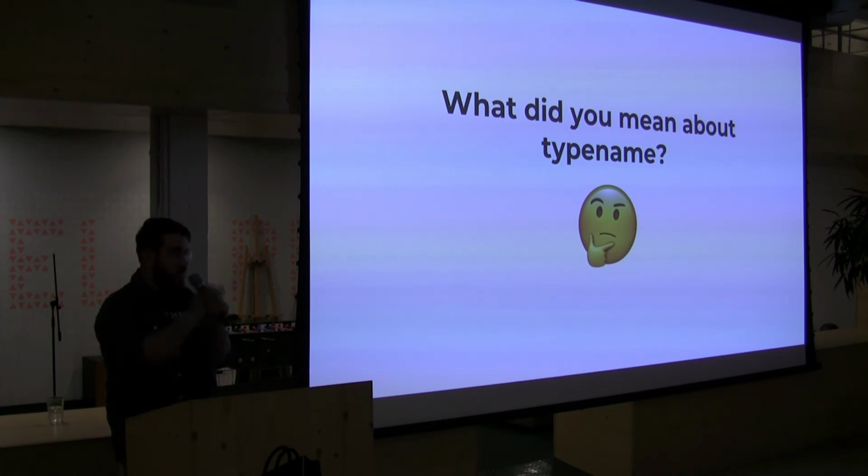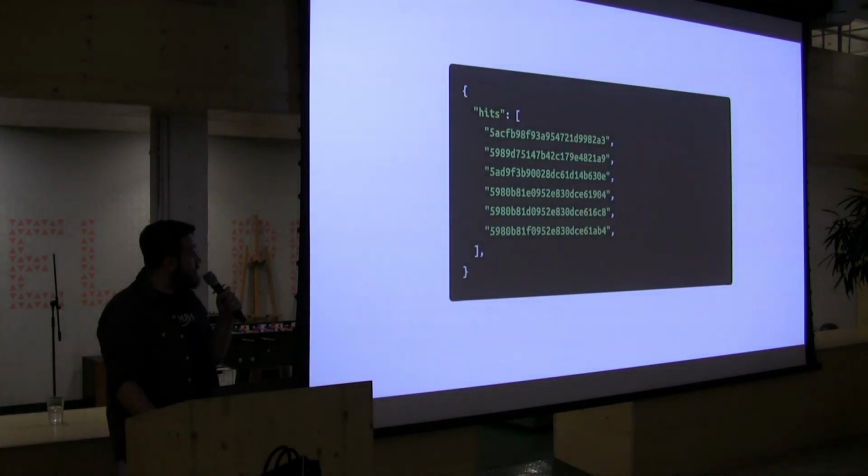It's usually like the name of the thing, so in our case it'll be sneakers, and some ID that you give it. Usually this is done automatically, so most of the time you will not have to worry about this. But we want our recommendations to be cached on that client. So this is what was returned to us, just a hits array with strings of IDs, which is probably not good enough.